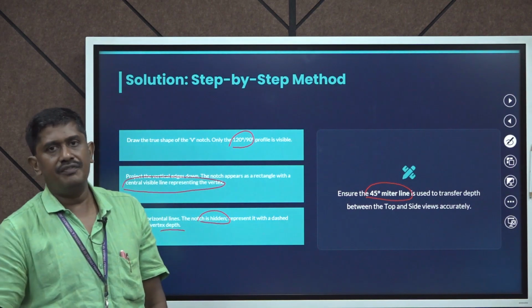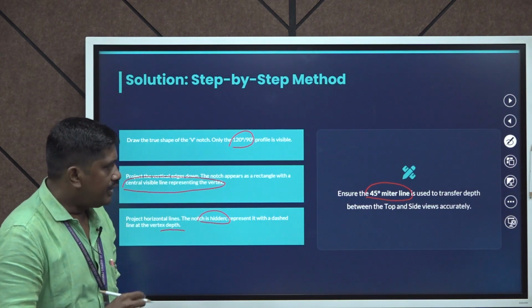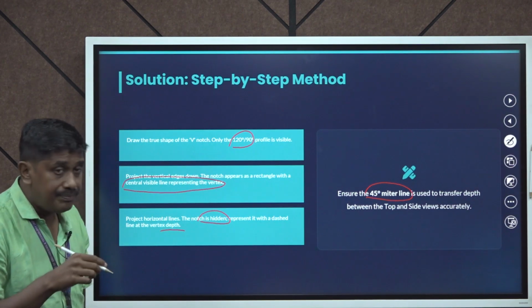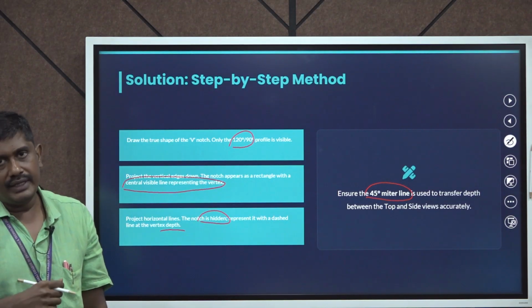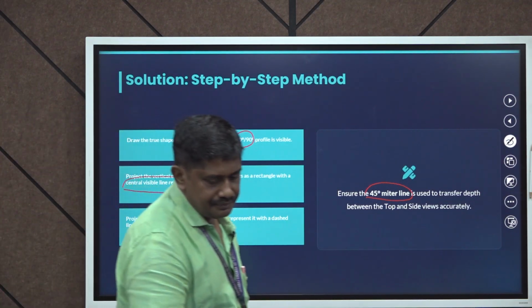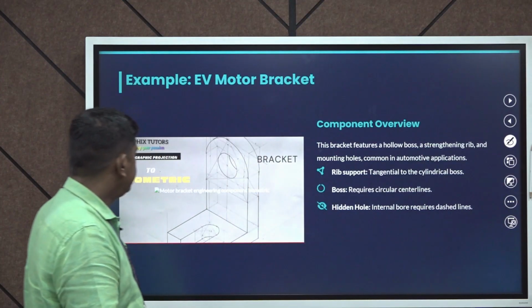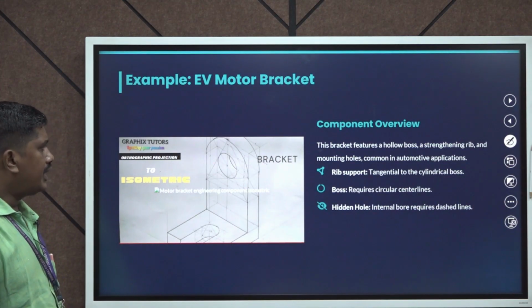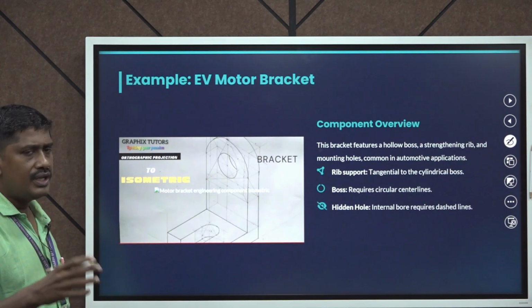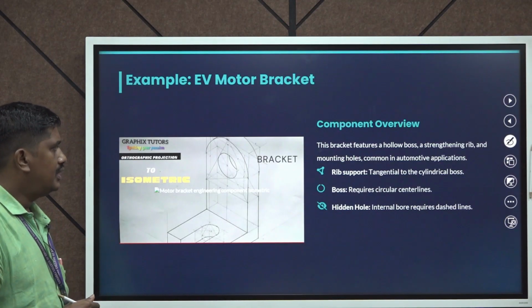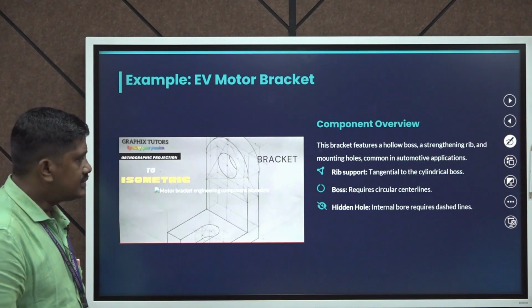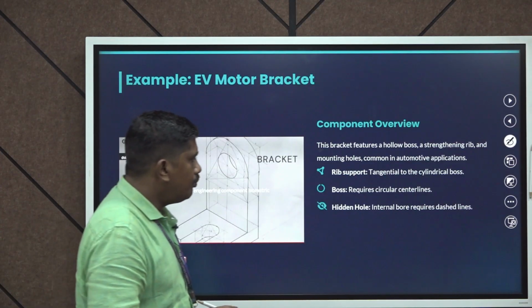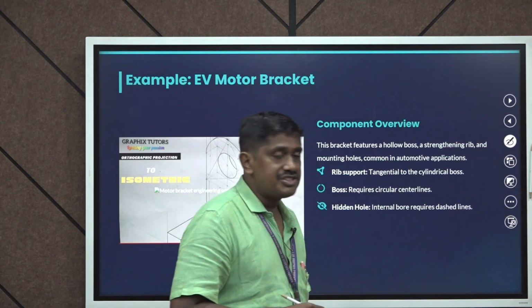Ensure the right side view. Ensure a 45-degree middle line is used to transfer depth between the top and side view accurately. This is very important. In the component view, the rib supports tangential to the cylindrical bosses, and required circular center lines. The internal bore requires dashed lines.